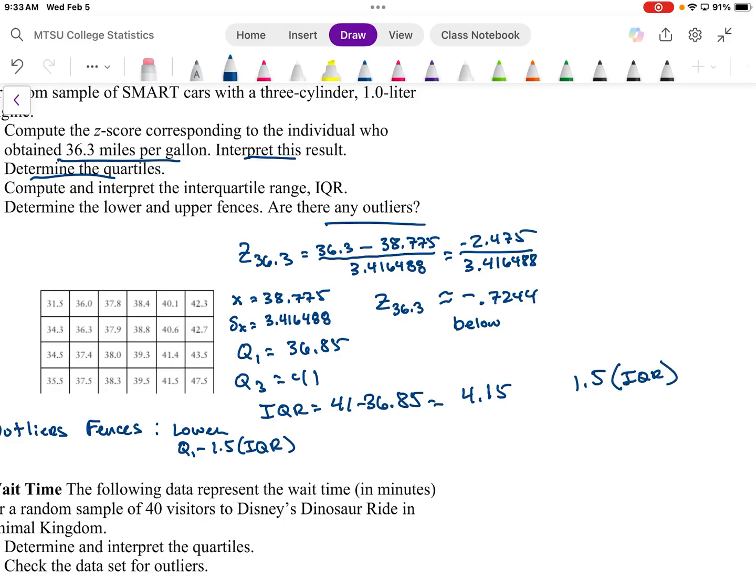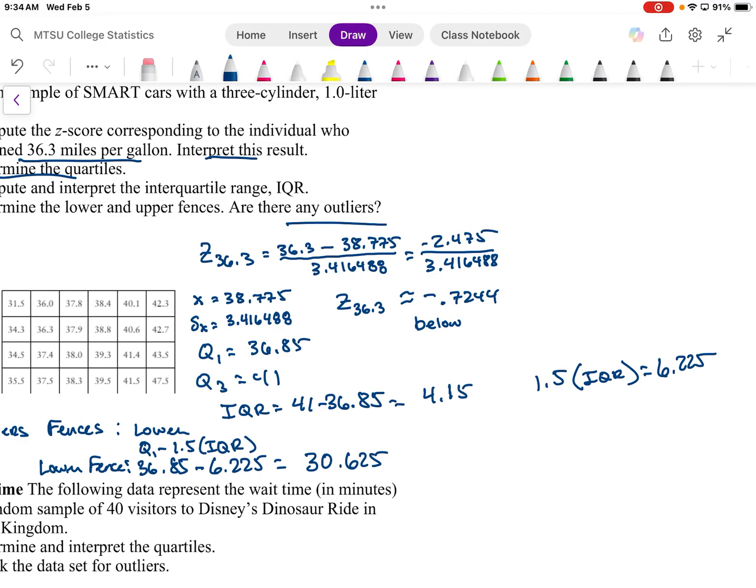Take my 4.15 times 1.5, and I get 6.225. So I need to take 36.85, subtract 6.225, and that tells me what my lower fence is. 36.85 minus 6.225 gives me a lower fence of 30.625.